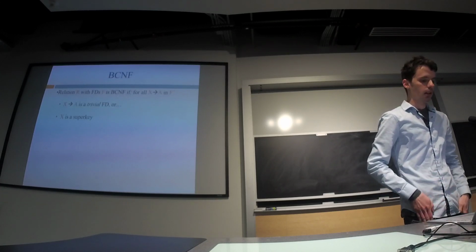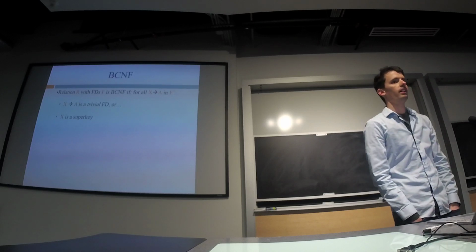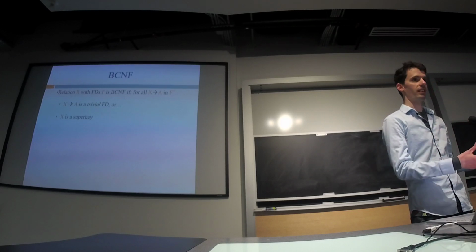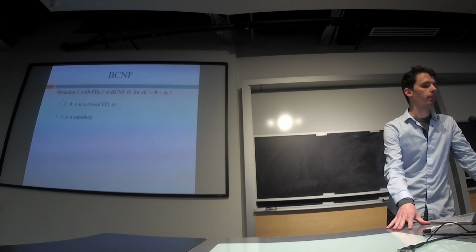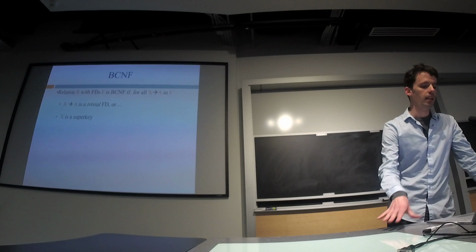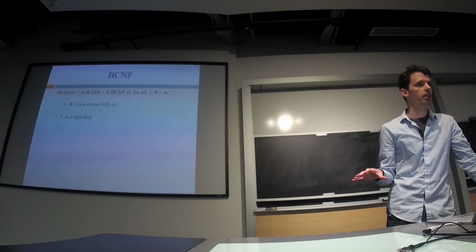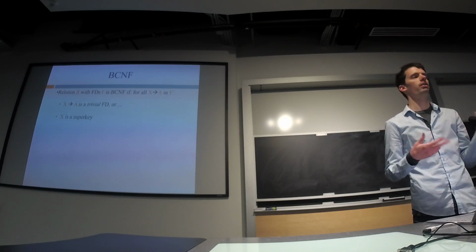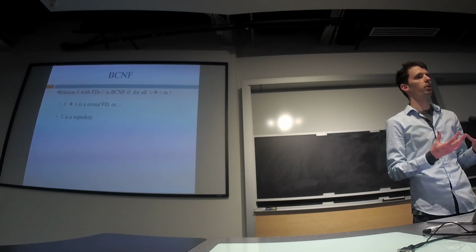Okay. So what is BCNF? I'll give the more formal definition, and then I'll give the more English definition as I did before. Some relation R with functional dependencies F is in BCNF if for every functional dependency in the closure. So remember, F means I know about, say, a couple of functional dependencies. Use Armstrong's axioms to compute the closure.